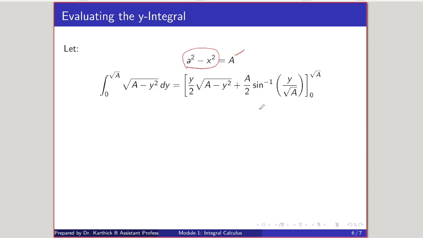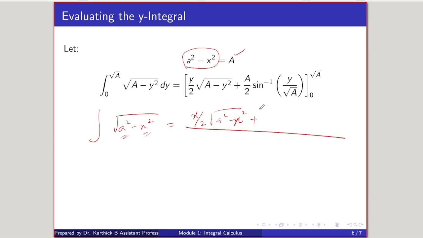Already we know the formula for it. In the place of capital A, it will be small a square, and in the place of y, here it is x. The same thing we have studied. It is x by 2 times the root of a square minus x square plus a square by 2 sine inverse of x by a.